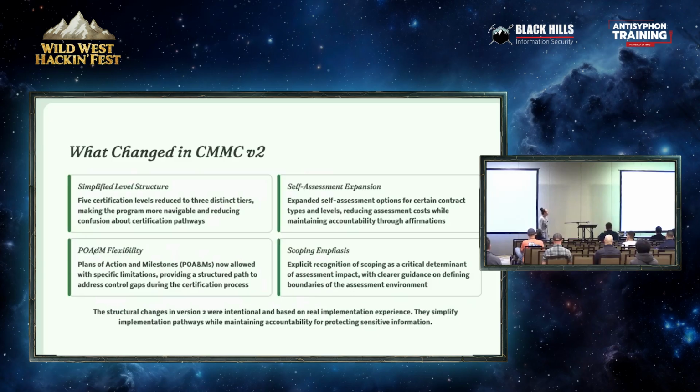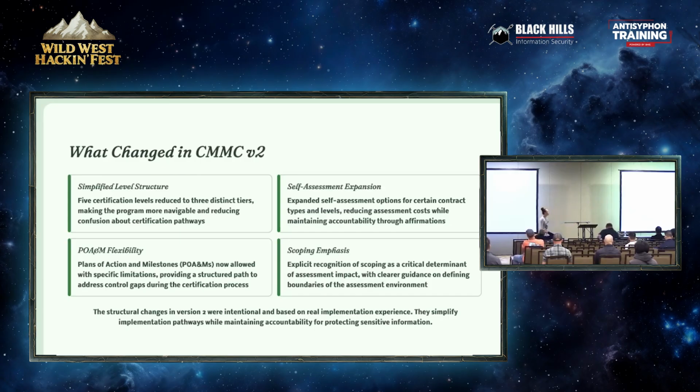So what changed? I mentioned 5 certification levels reduced to 3 distinct tiers, of which we will talk in length about. POA&M flexibility. So you now have that lovely plan of action and milestones with specific limitations. You can't just, as we used to do back in the good old days, put something on a POA&M, set it and forget it. Just leave it there for the rest of eternity. You do actually need to have a structured path to address control gaps. We do have expanded self-assessment options for certain types of information.